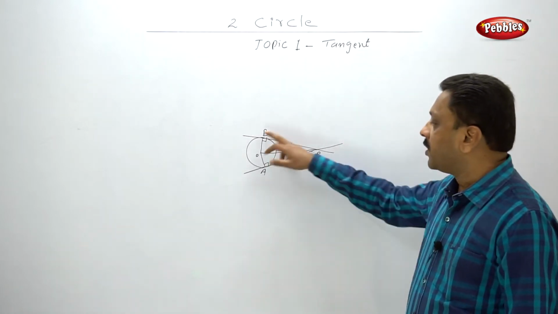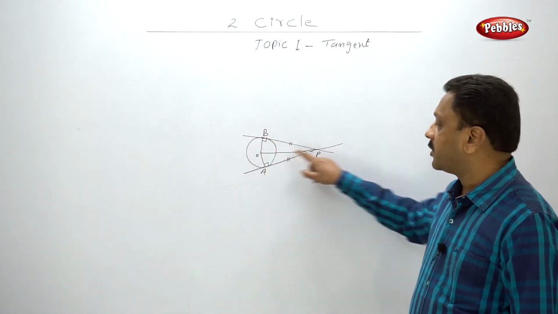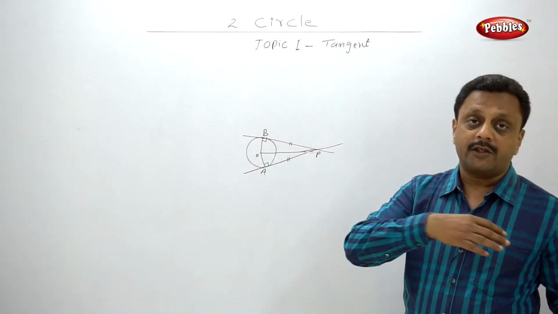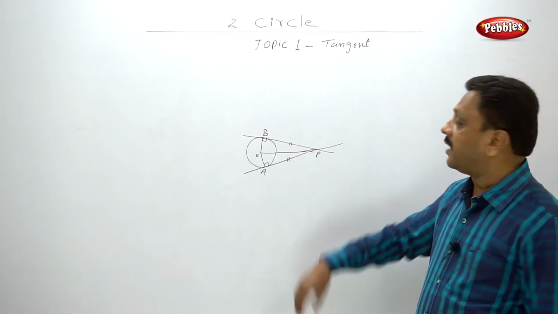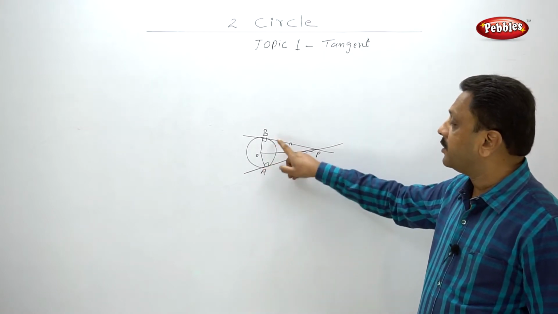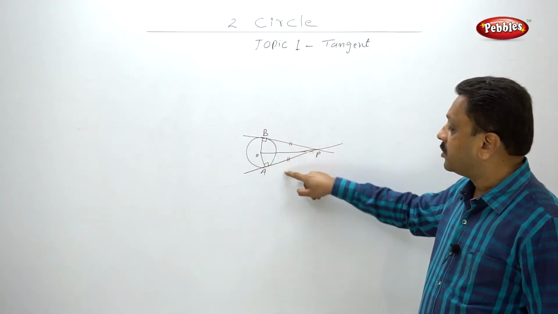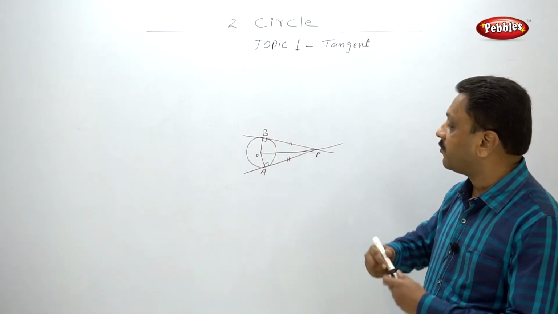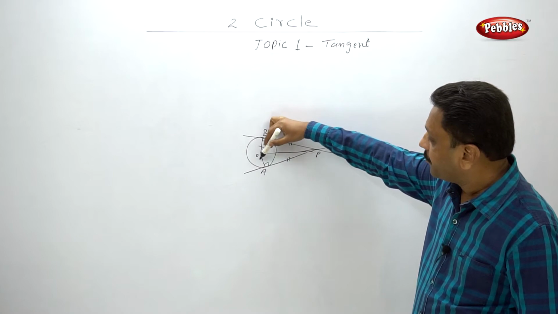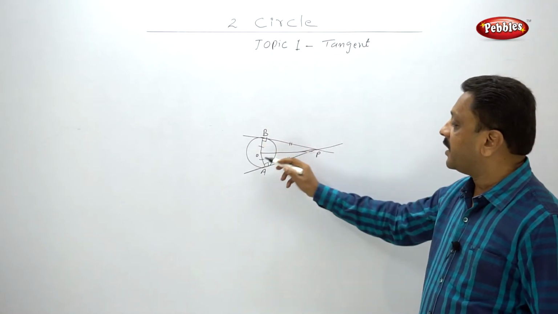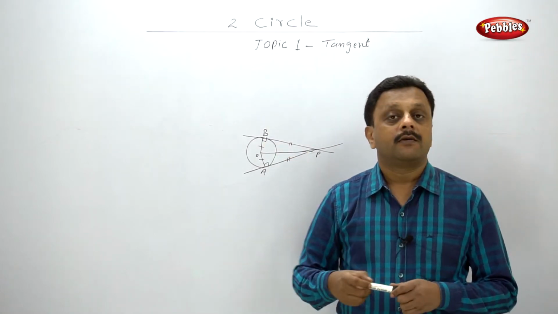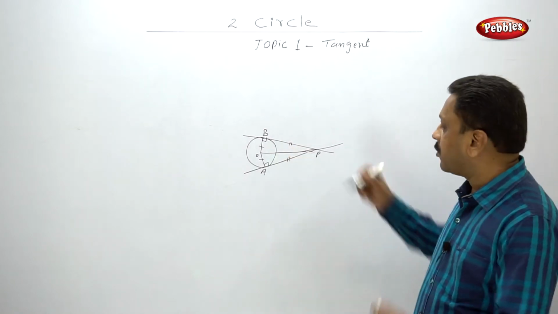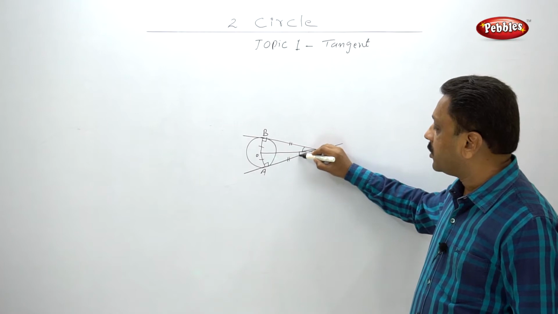Okay, so only one figure was given, but we have constructed one more line, and then as per our basic or previous knowledge, we say that these two angles are 90 degrees, these two segments are congruent, and these two are the radius, so must be of the same size. So by the SAS property, these two triangles can be shown congruent, and if they are congruent, then this angle is also equal to this angle.